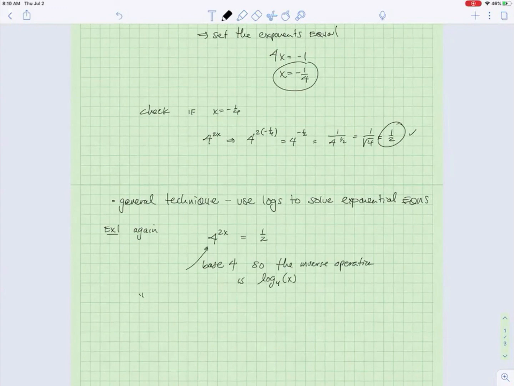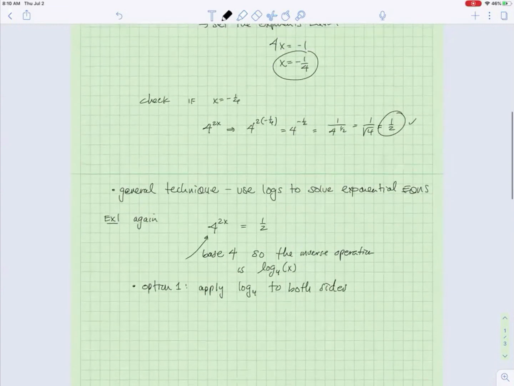Option 1. There's 2 ways to think about this. Most people think about it this way. Since we're solving an equation, whatever you do to one side of the equation, you have to do to the other side. So we will apply log base 4 to both sides.